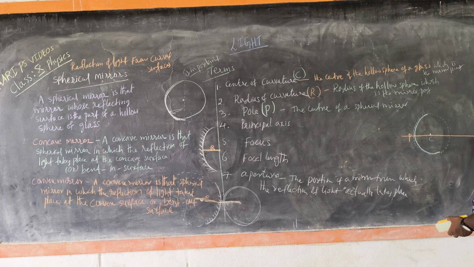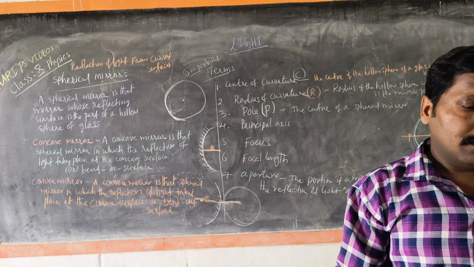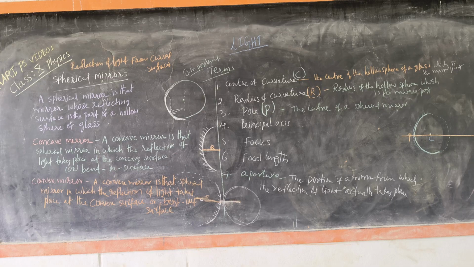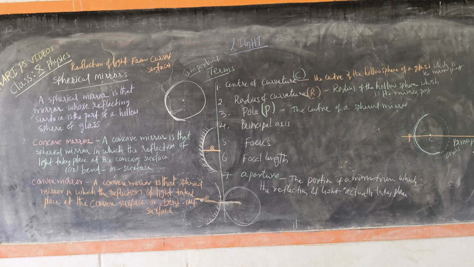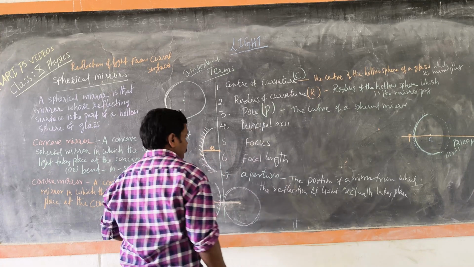When we draw a line passing through the center of curvature and the pole, it is called the principal axis.